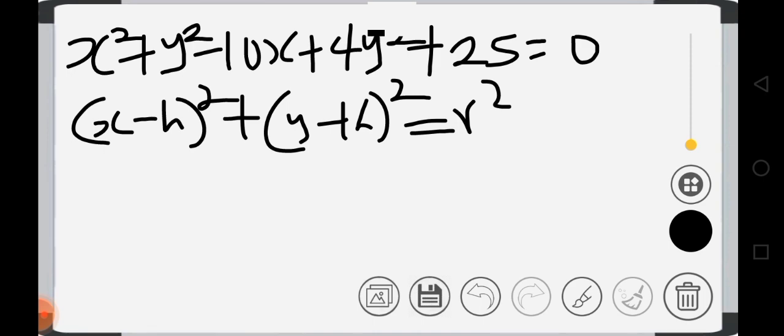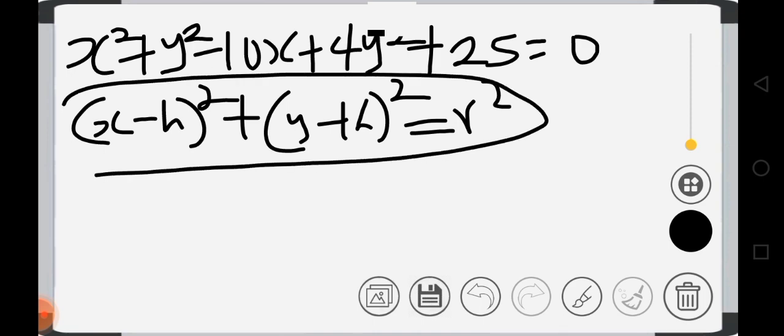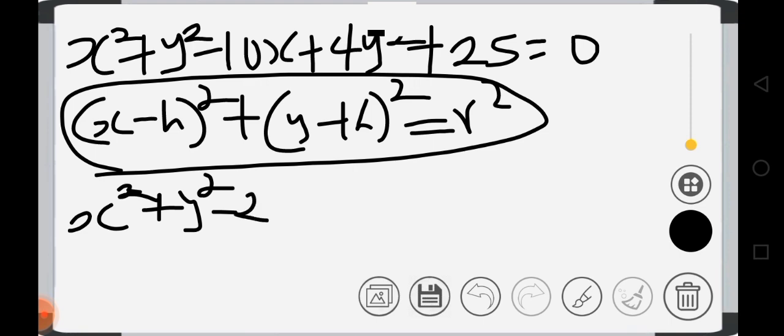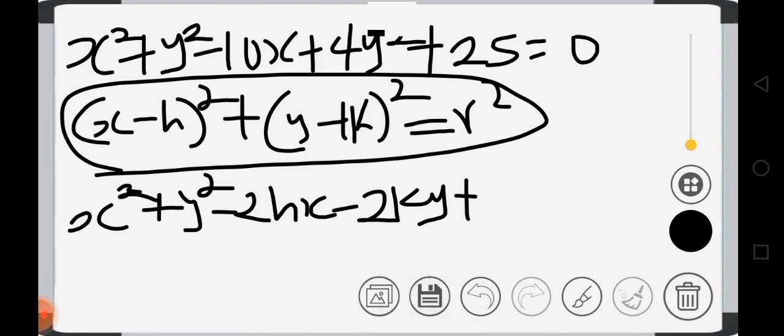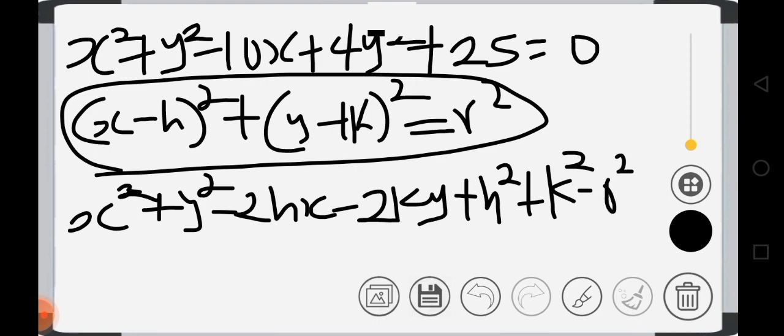So if you put this one now, you're going to have x squared plus y squared minus 2hx minus 2ky plus h squared plus k squared minus r squared is equal to 0.